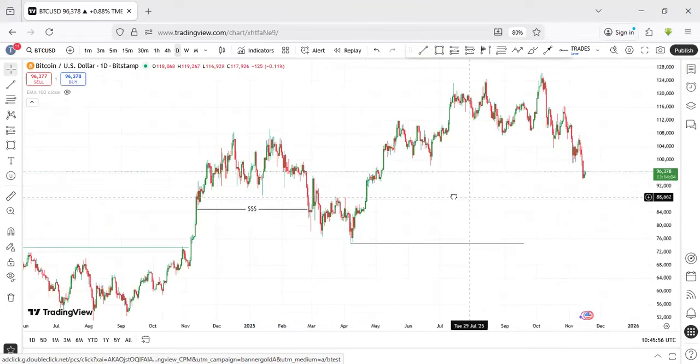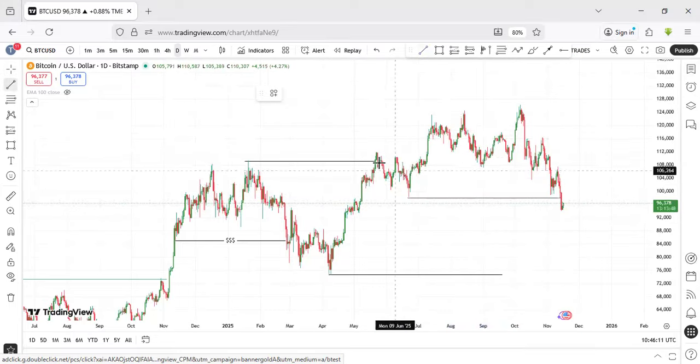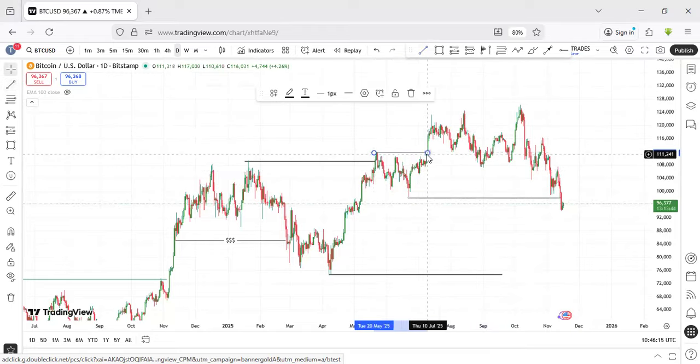Now this low created a new high here, right? Now this market gave us this low that we knew that market was gonna come to take out, and because this low created another high here, right?